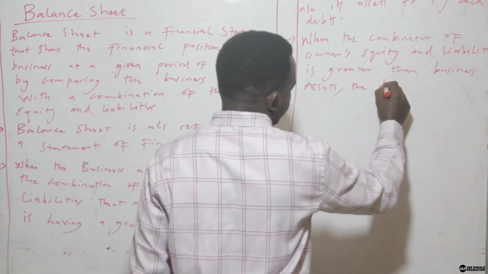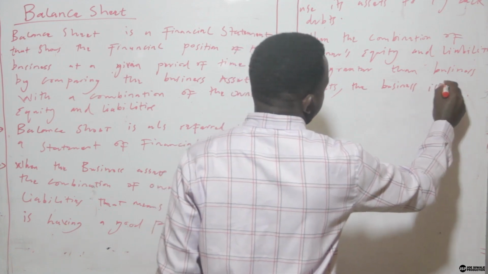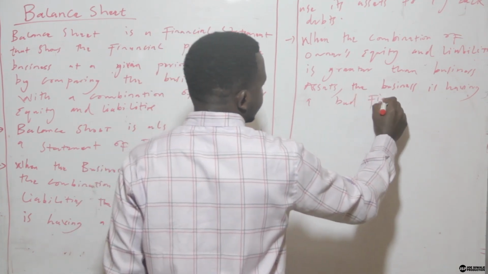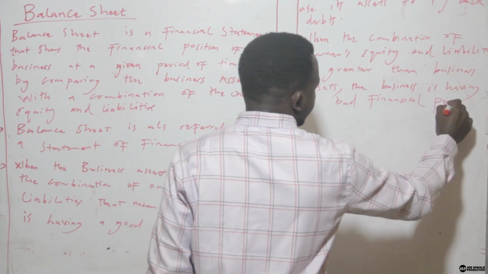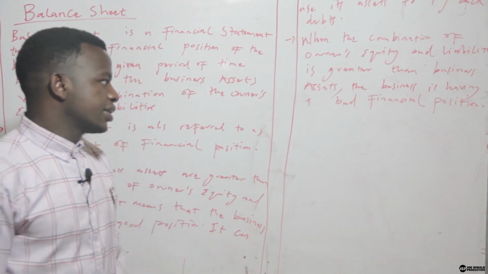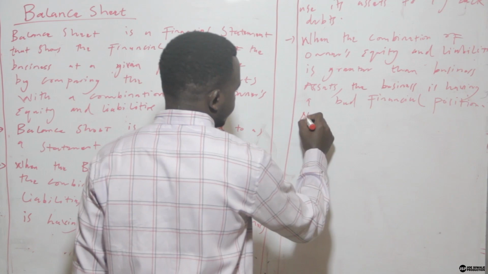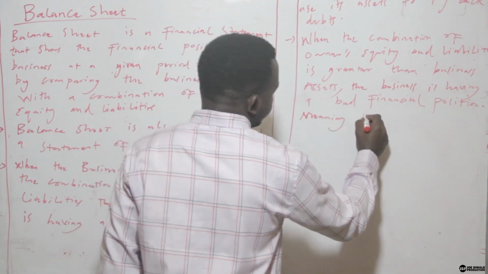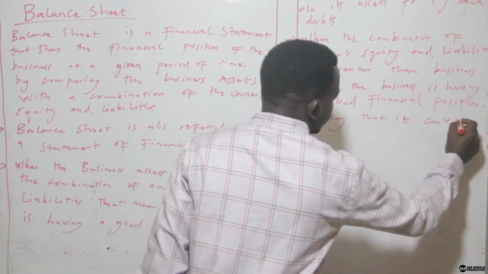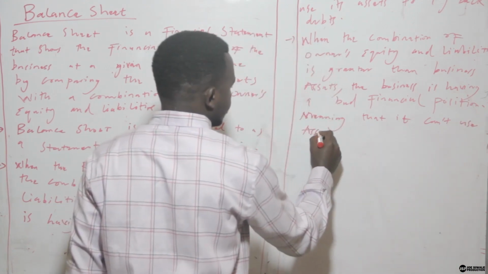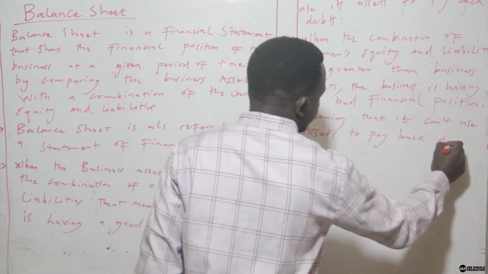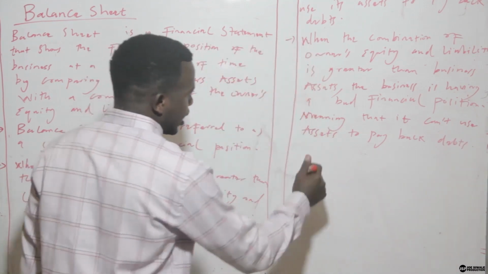So the business is having a bad financial position, and meaning that it can't use its assets to pay back debts. Let us now look at the accounting equation.